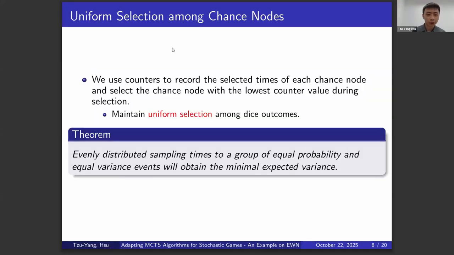In our paper, we use counters to record the selected times of each chance node and select the chance node with the lowest counter value during the selection stage to maintain uniform selection among dice outcomes. We prove a theorem that evenly distributed sampling times to a group of equal probability and equal variance events will obtain the minimal expected variance.